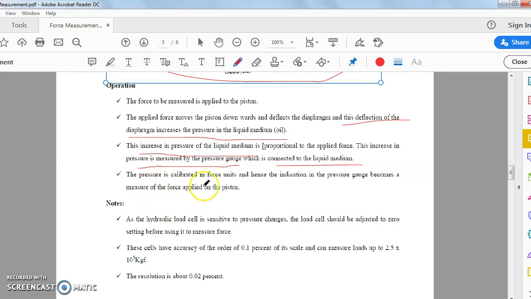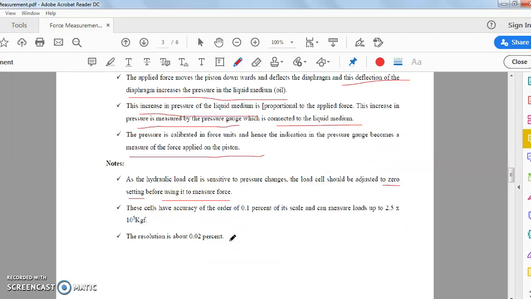The pressure is calibrated in force units, hence the indication on the pressure gauge becomes a measure of the force applied on the piston. So note, as the hydraulic load cell is sensitive to pressure change, the load cell should be adjusted to zero setting before using it to measure the force.